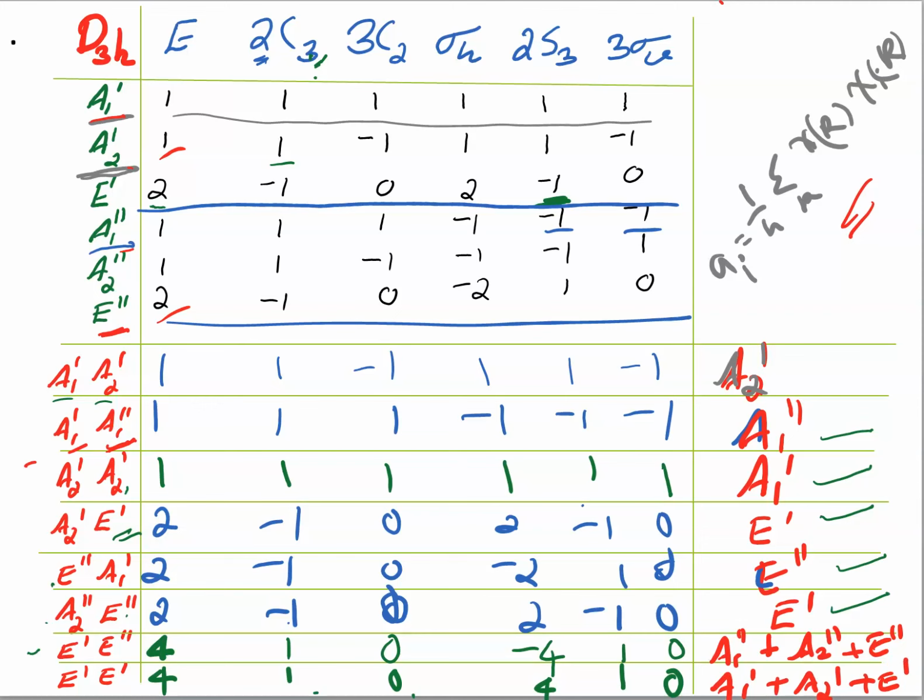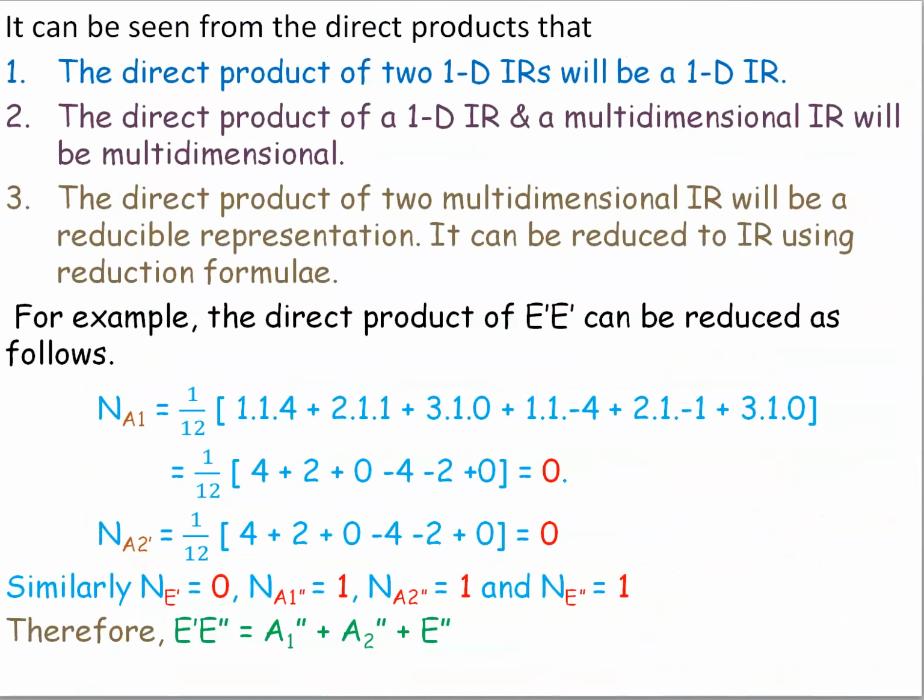Here, the first thing we can see, we can discuss the peculiarities of the direct product. It can be seen from the direct product examples above that the direct product of two one-dimensional IRs will be a one-dimensional IR.